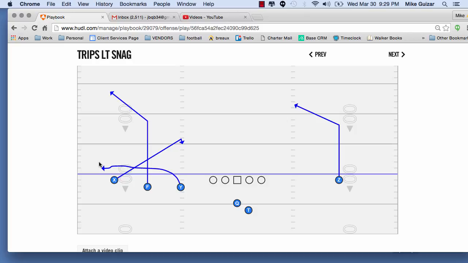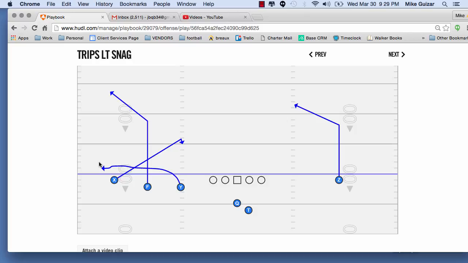If he turns and runs with the flag, we know they're man and we're looking for the X right now. If he sits and stays where he's at and is in the window of the snag route, we know we're going to the flat. So it's a way for the quarterback to read that outside backer, and whatever he does is wrong, because we're just going to read him.